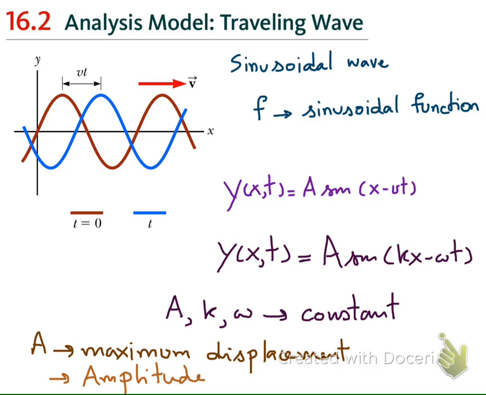And if we look at this diagram, the amplitude is the maximum displacement here, A, and also minus A is the minimum displacement of the wave.